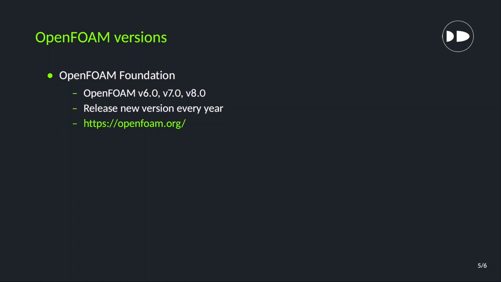For example, 1912 means the version released in December 2019, and 2012 means it was released in December 2020. The latest one is 2012.